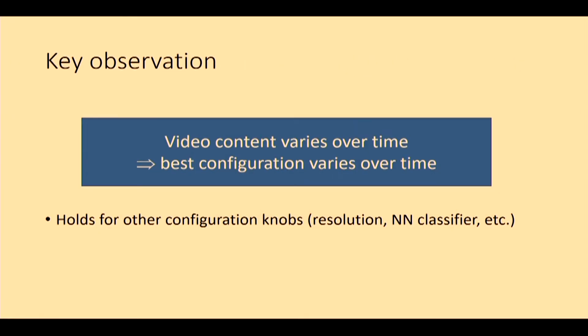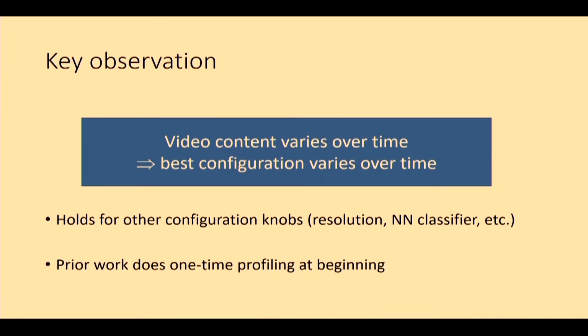This leads to our key observation, which is that video content varies substantially over time, and this means that the best configuration to use also varies over time. And it's not just the frame rate. There are other configuration knobs for which we see the same kind of effect: resolution, the underlying neural network classifier that you're using, other knobs as well.